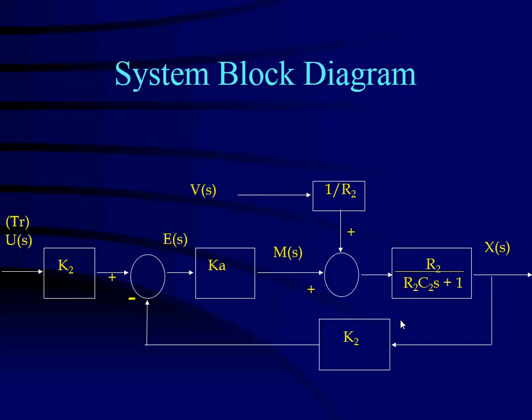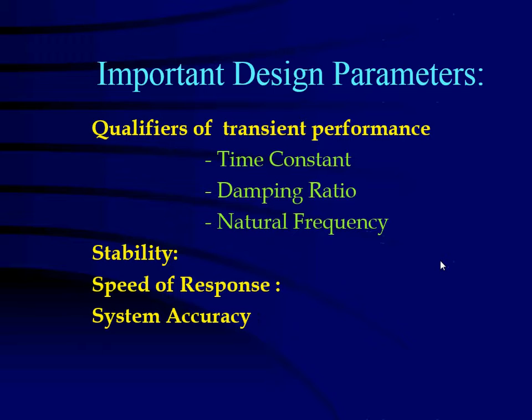Remember we talked about if a system has the poles on the right hand side, the system is unstable. If the poles are on the left hand side, the system is stable. How quickly can it respond and how accurate it is. All these things come from our basic concepts of what we want to do, the objectives of each problem in controls that we need to decide.